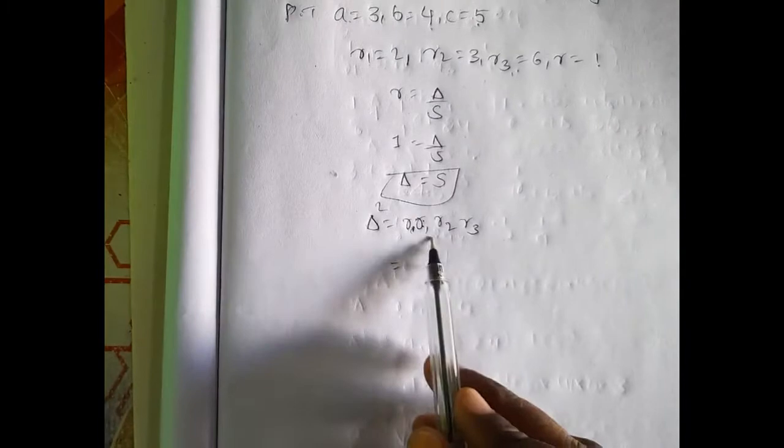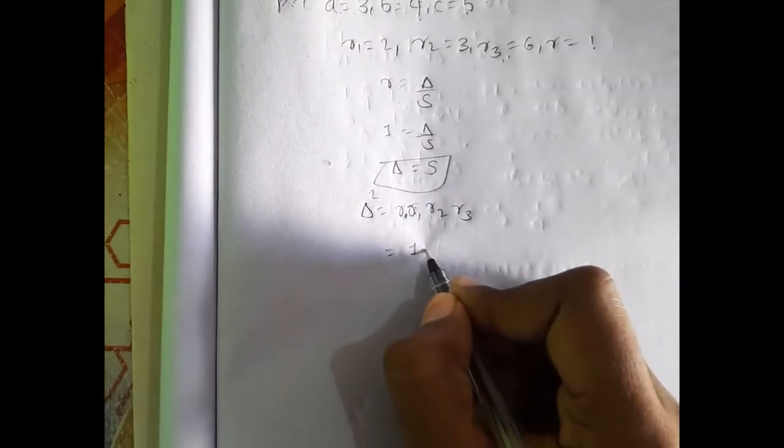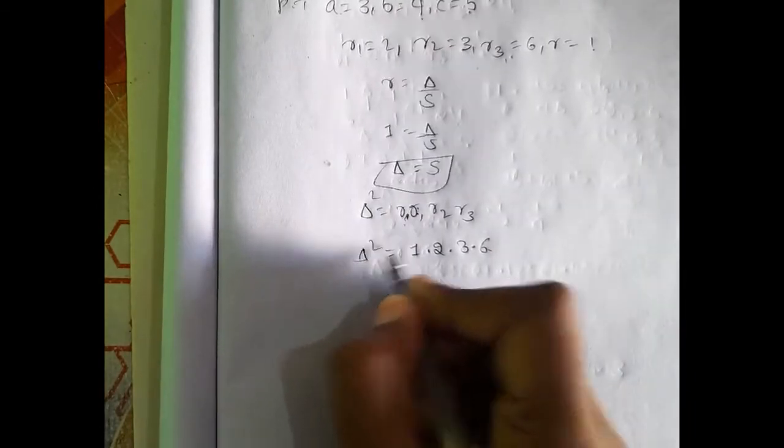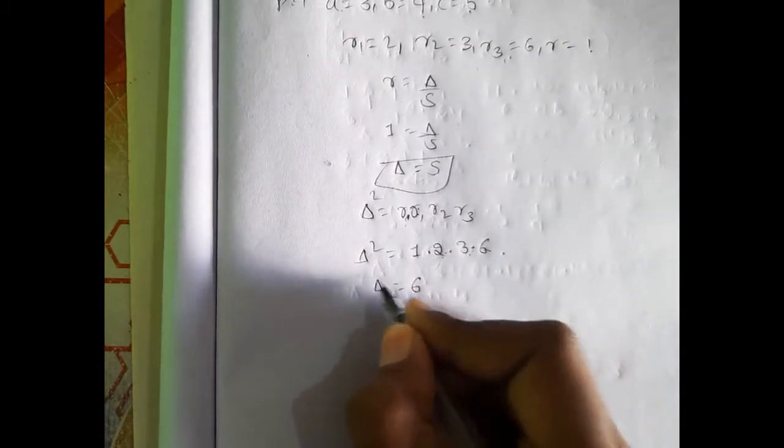We used this formula in the first and second problem. So now what is the value of R? 1 into 2 into 3 into 6 gives delta square. So delta square equals 36. Delta equals 6. Now this is equal to S, because from this condition delta and S are equal and it is equal to 6.